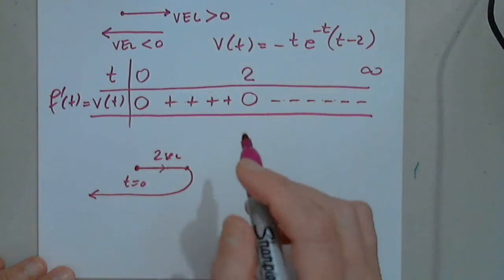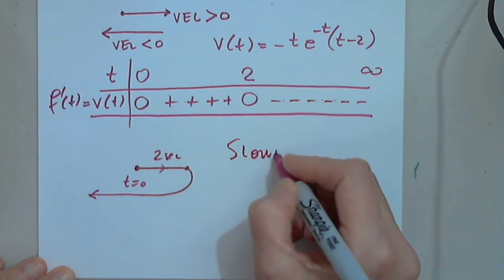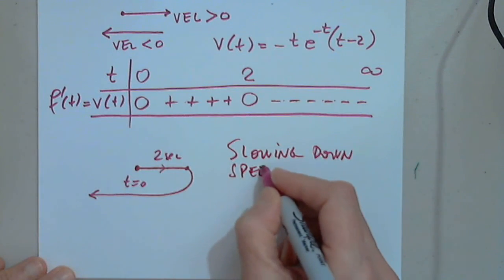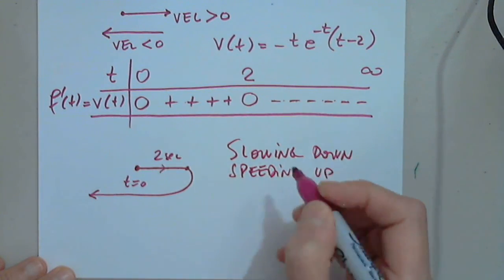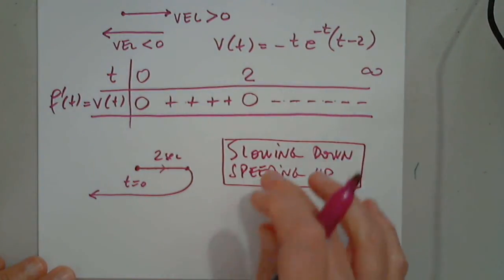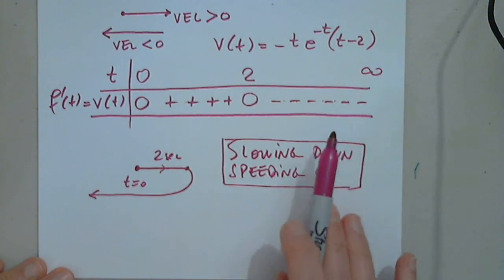Very good. Okay, question. It's coming up. So you don't have to write this: slowing down, speeding up. We are going to talk about these at some point in time. One of the next questions is going to be about that. Do we understand what's happening here?